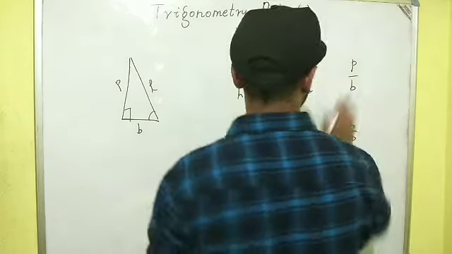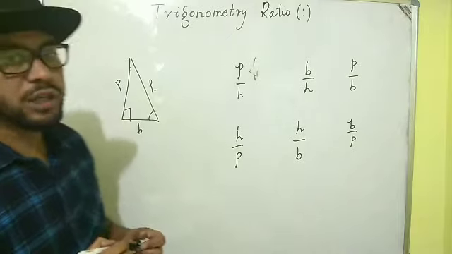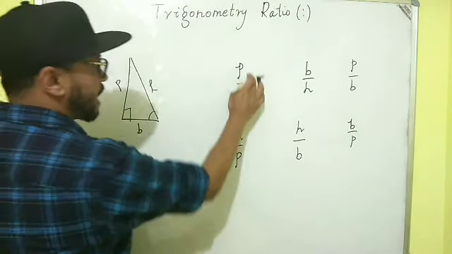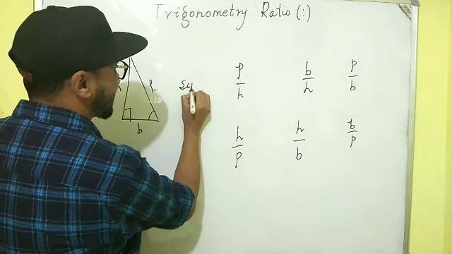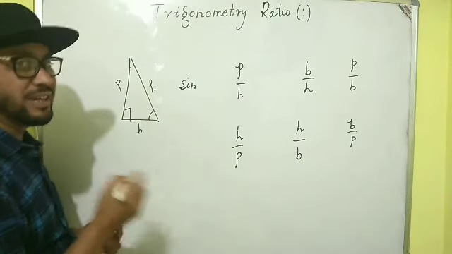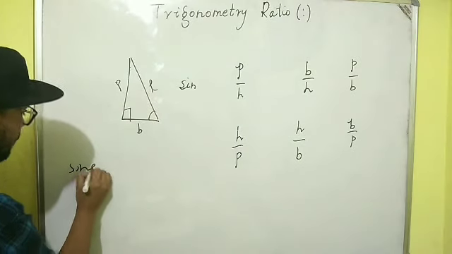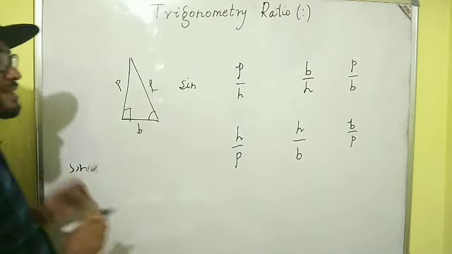Now these ratios are denoted by some terms in trigonometry. P by H we term as sin. Actually, it is not sin, it is sine. The full form is SINE, but we don't write SINE, we write sin.